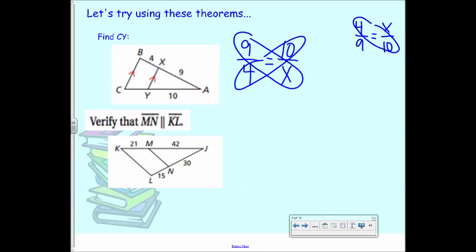All right, so there's a lot of different ways you can line it up. Okay, what's 4 times 10? 40. And 9 times x? 9x. And then how do I finish? How many times does 9 go into 40? 4.4. 4 and 4/9, or 4.4 repeating. So then that would be the answer? So that would be CY.